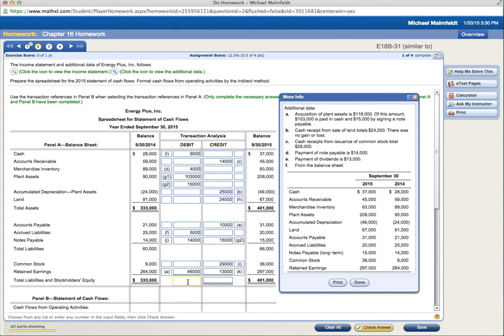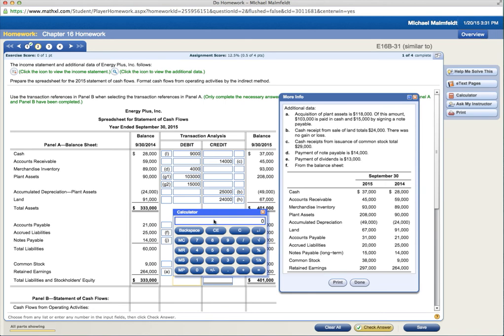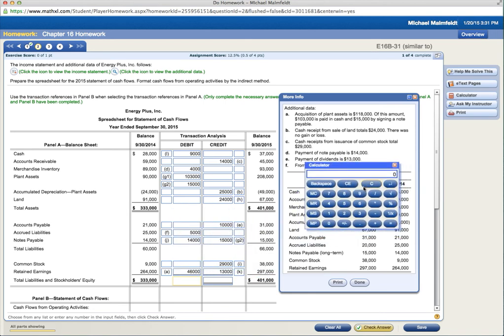And then basically all I need to do down here is use my calculator again and add 9,000 plus 4,000 plus 103,000 plus 15,000 plus 5,000 plus 14,000 plus 46,000. And that gets me to 196,000.